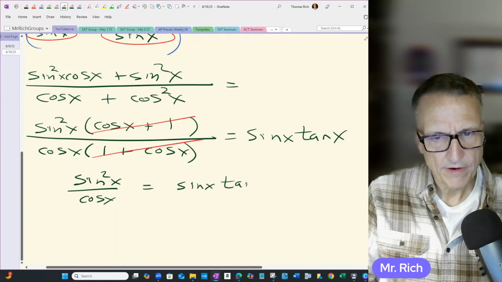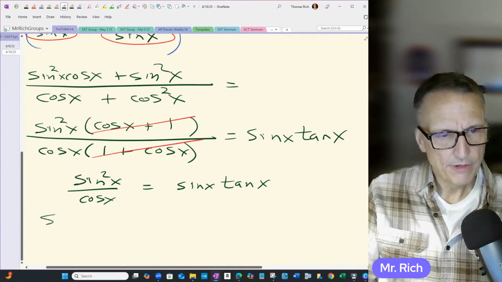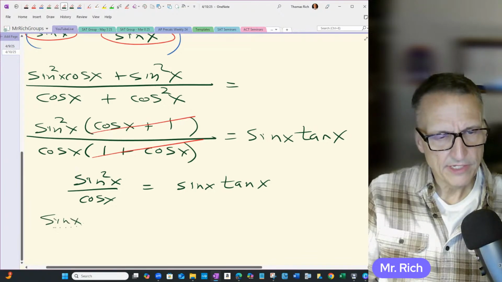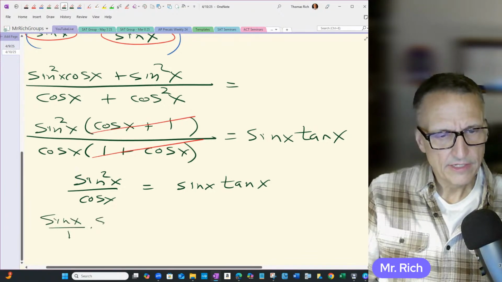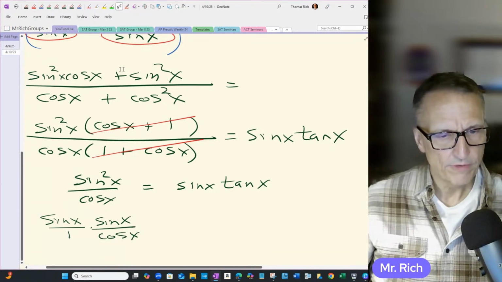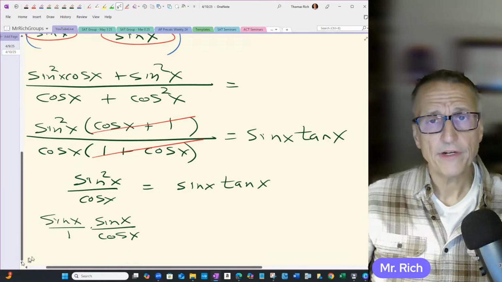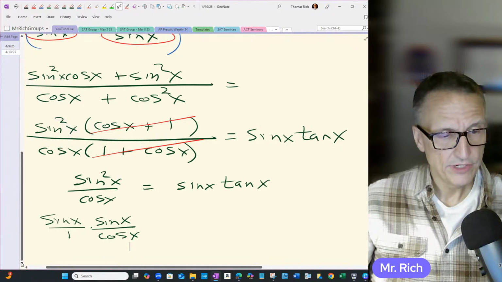I am almost there now, because since I've got sine times sine on the top, I'm going to just rewrite it as sine x times sine x over cosine x. That is equivalent to sine squared over cosine. And then that allows me to see that I'm going to replace that sine over cosine with tangent.